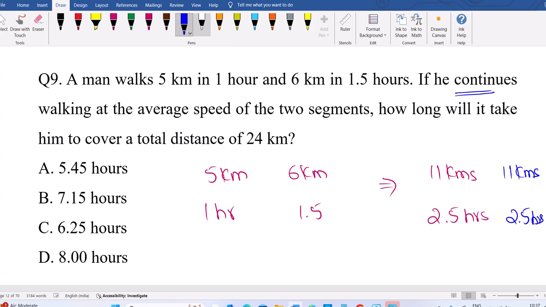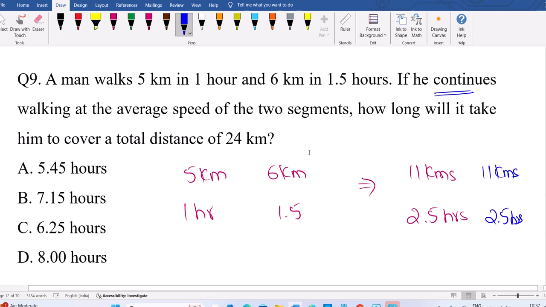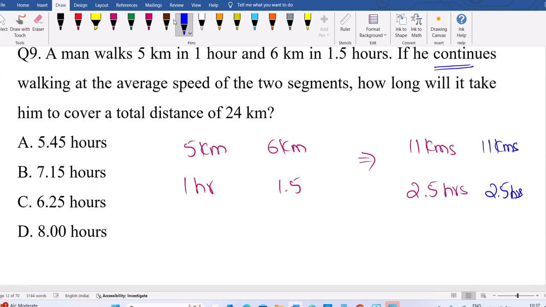So as of now we have traveled 22 kilometers in 5 hours. Now say the next hour 5 kilometers are traveled. We got 27, but we want only 24. 5 point something, that's option A. We don't go for 6, sir. Why can't it be 6, sir?